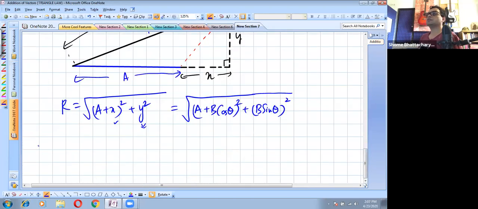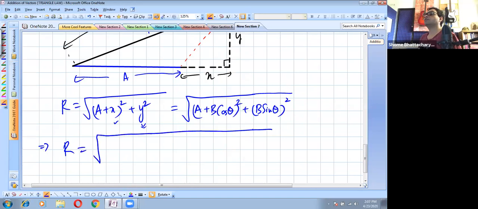That's all. So next step, when we expand this, you can see this will become square root of A square plus 2AB cos theta plus B square cos square theta. So this is that first term, and then from the second term we also have B square sin square theta.